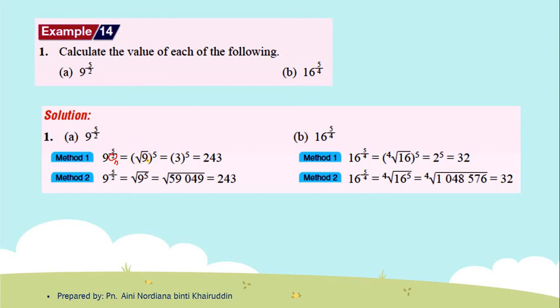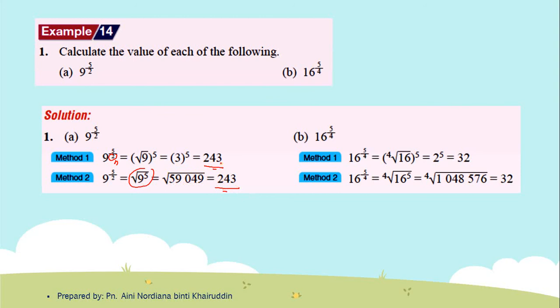So square root of 9 is 3. 3 to the power of 5 equals 243. Or you can write like this. And then 9 to the power of 5 is 59,049. So square root of 59,049 is 243.